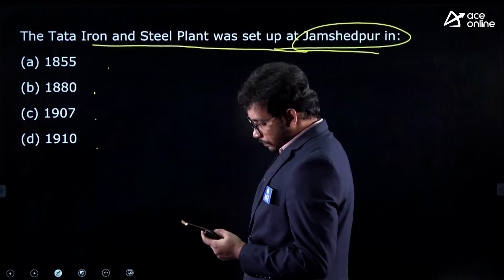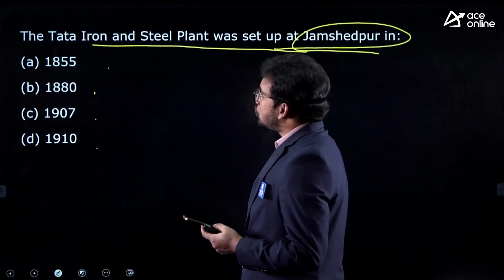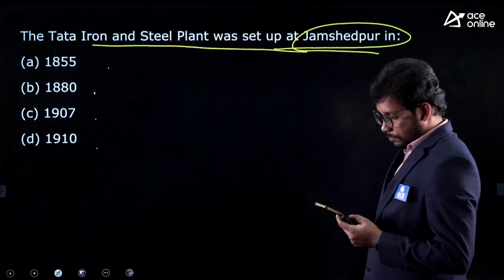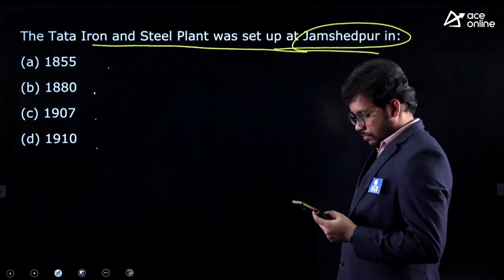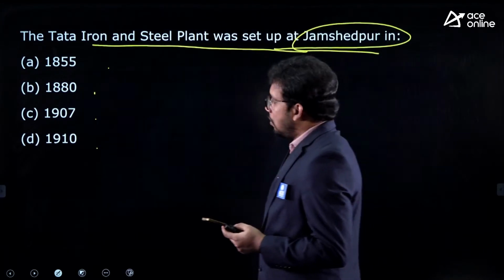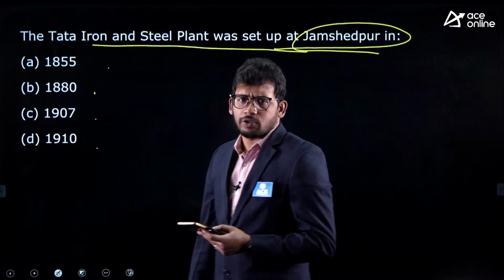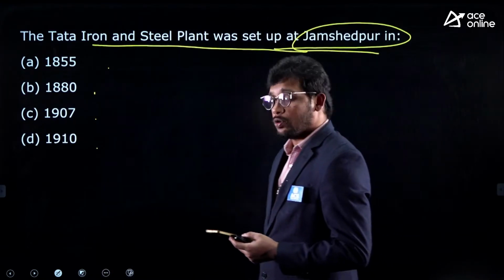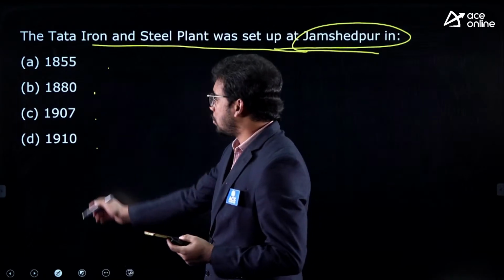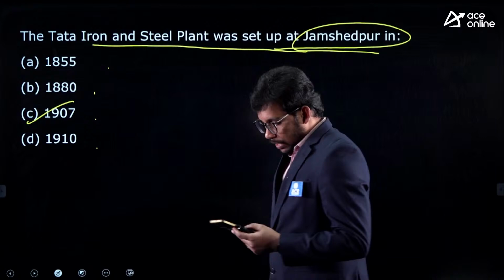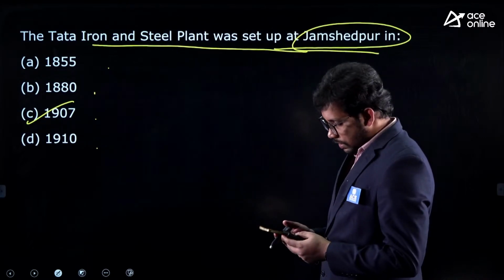So tell me, in which year was the Tata Iron and Steel Plant set up at Jamshedpur? This is all directly from NCERT, so there is a high chance it will be asked in the exam. You have to at least read NCERT if you are preparing for central government exams. So the answer is 1907. Nobody has answered anyway.